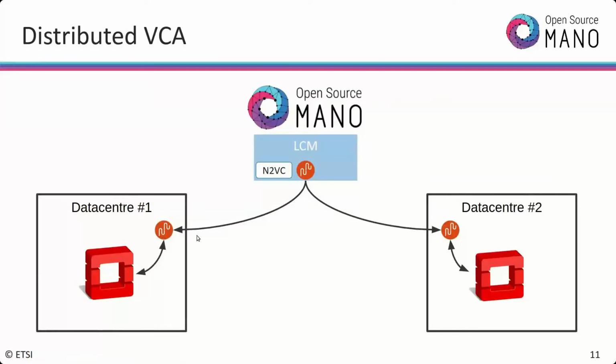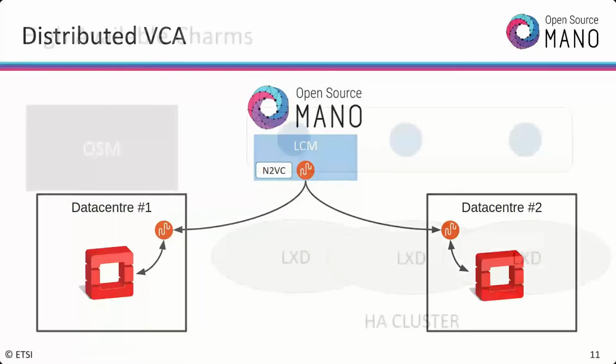And we don't need to have that communication channel back to the central OSM. And instead, everything can be delegated here and running that way. So that would remove the requirement of having the exposed ports and services between the data centers.